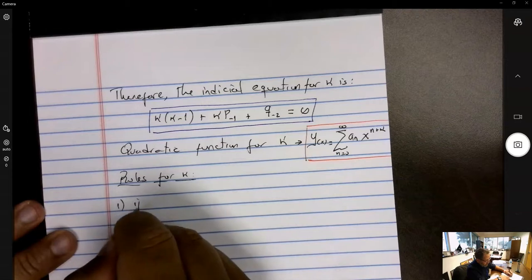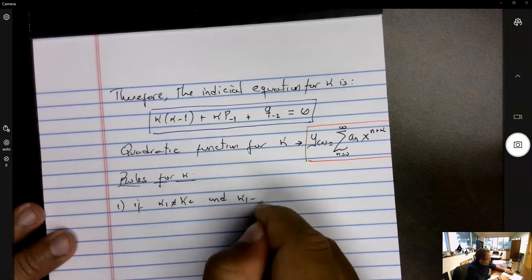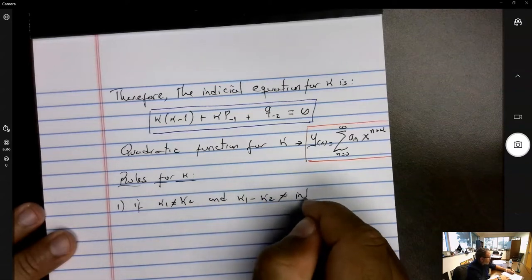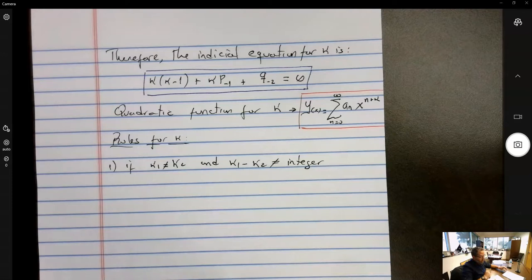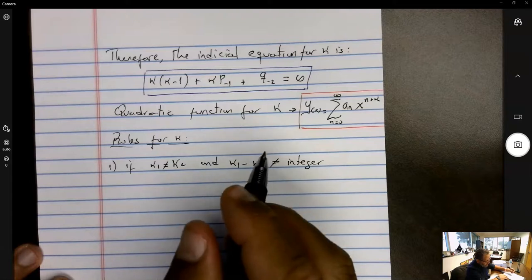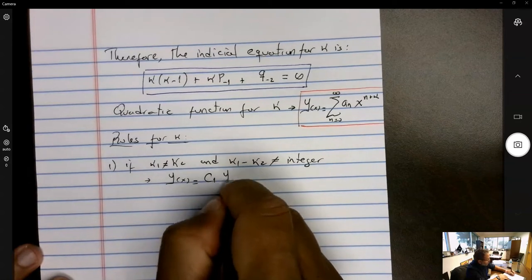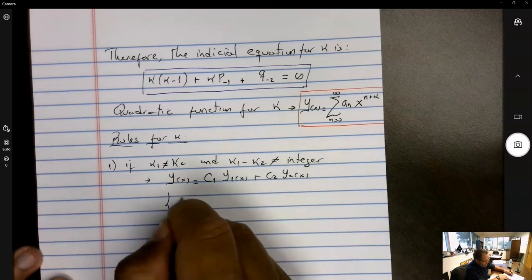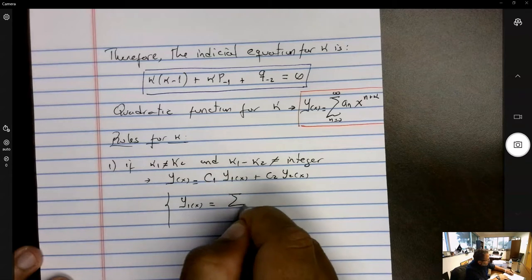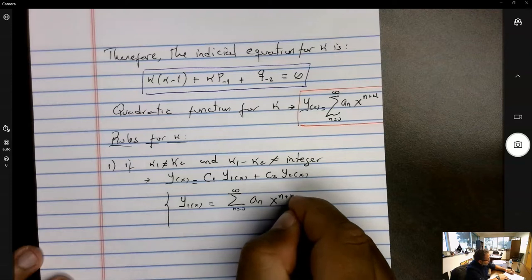1. If k1 is different than k2, and the difference between k1 and k2 is not an integer, so they're not separated by an integer, then the solution y is equal to c1 y1(x) plus c2 y2(x), such that y1(x) is the summation from n equals 0 to infinity of an times x to the n plus k1.